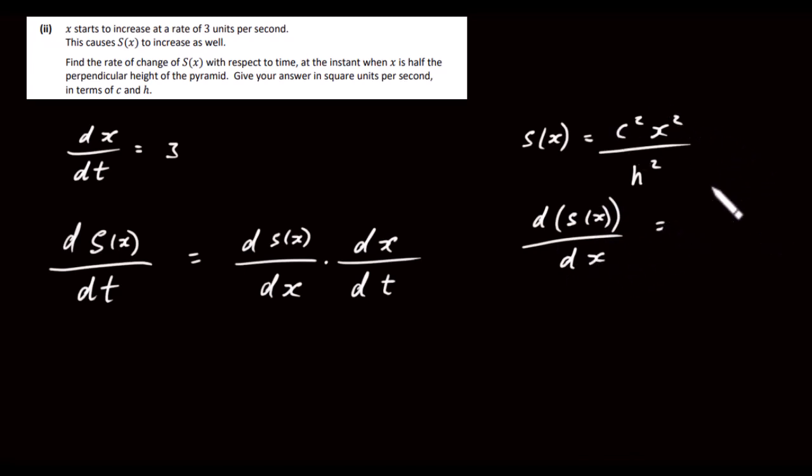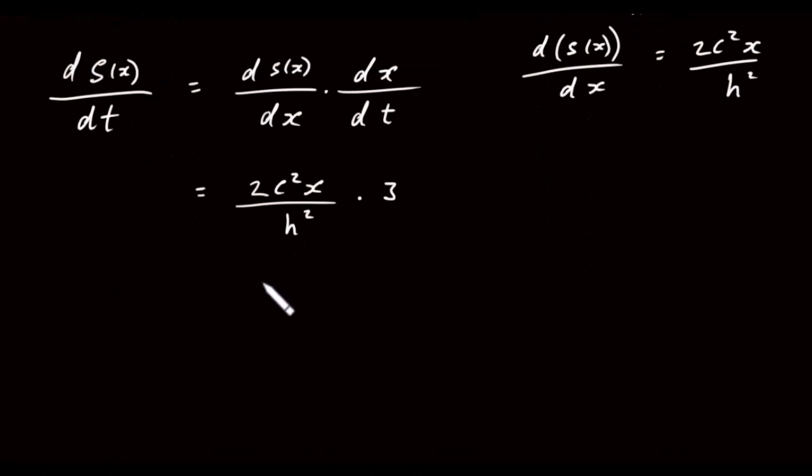You bring the power down, so it's going to be 2 times c squared x over h squared. So that's going to be this value here. Let's substitute all those in. So we have 2c squared x over h squared times 3. Let's just simplify all of this. So 3 times 2, 6. We have a c squared, we have an x, and we have an h squared.